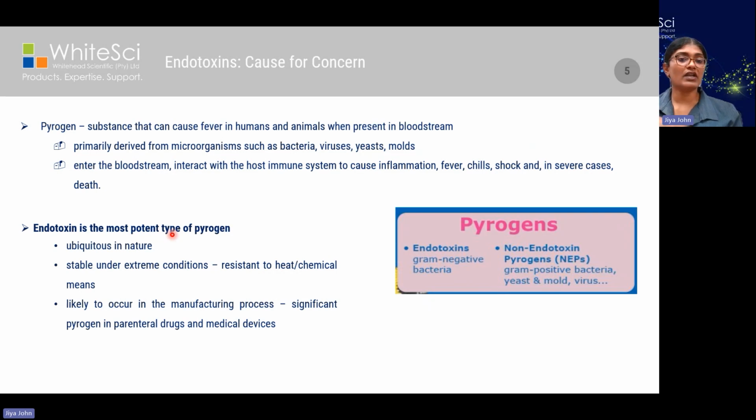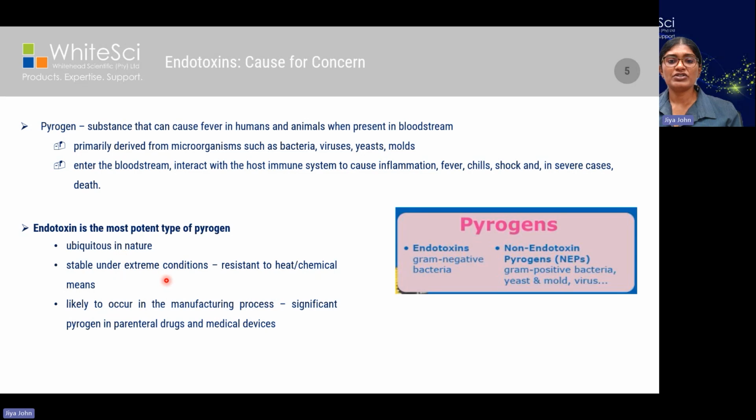As we know, E. coli is found everywhere, outside, even within our system. One of the main challenges with endotoxin is that it is stable under extreme conditions. It is resistant to heat or chemical destructive methods. So autoclaving and trying to get rid of these things in your lab is very challenging.